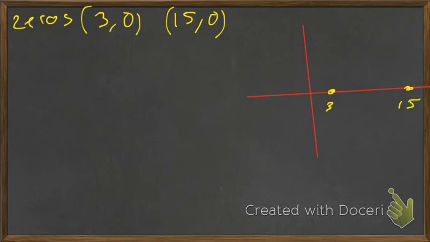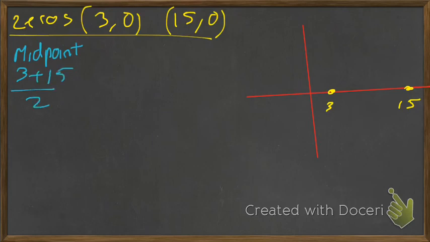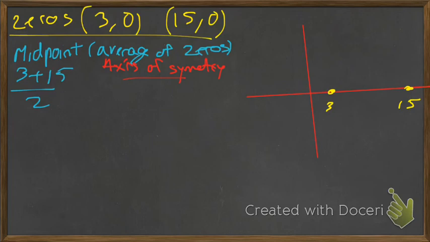From our zeros, we can always find our midpoint, which would be 3 plus 15 divided by 2. Keep in mind midpoint is the average of zeros. This is also known as the axis of symmetry. So 3 and 15 is 18, divided by 2, which equals 9.